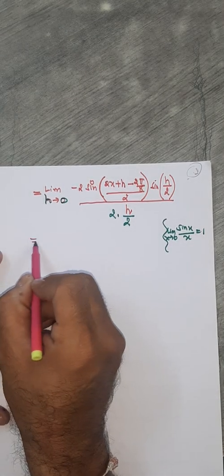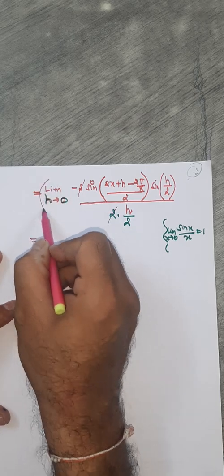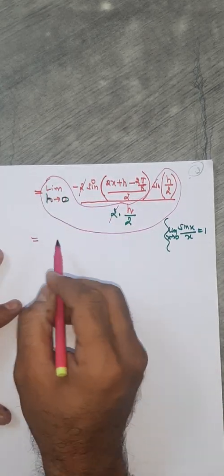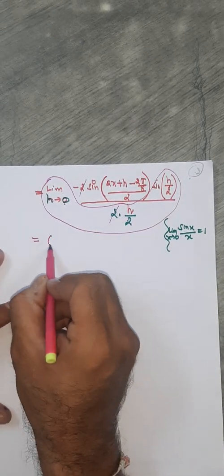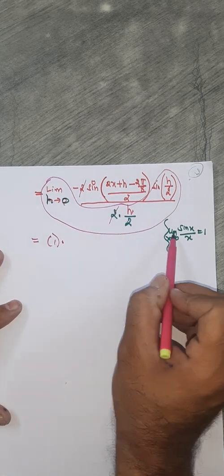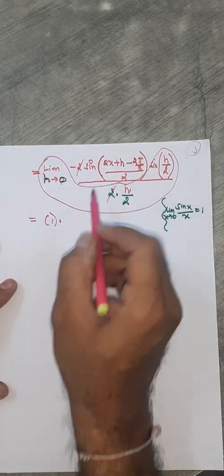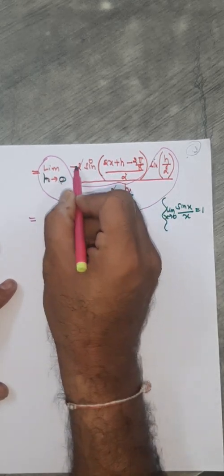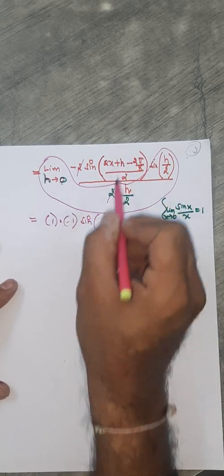we have, see this much, this 2 will get cancelled. Here this much will be 1, this is just 1. Sin x upon x as h tends to 0, this is 1, using this concept. And here you can apply h tends to 0. Minus sign is already there. We have sin with h tends to 0.